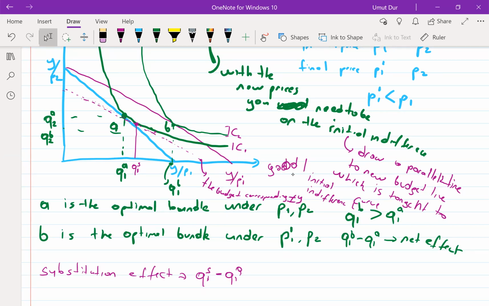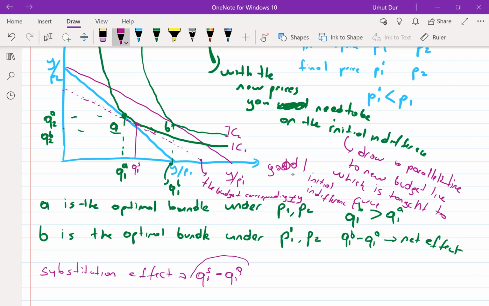Bu kadar. So what substitution effect is telling us is that you need to have a budget line independent of the income level, okay? It will be parallel to the final budget line, with the new price. But what we require is that budget line to be tangent to IC1, the initial indifference curve.